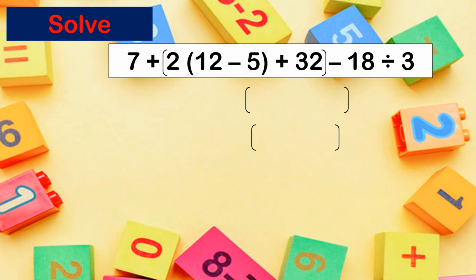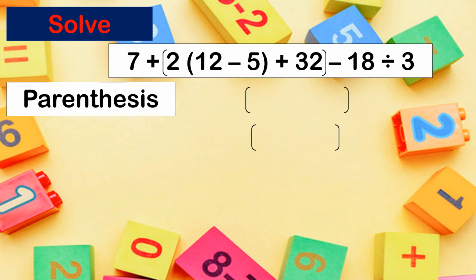7 plus bracket 2, parenthesis 12 minus 5, plus 32, bracket, minus 18 divided by 3. So first, simplify the expression inside the parenthesis. In the parenthesis is 12 minus 5.